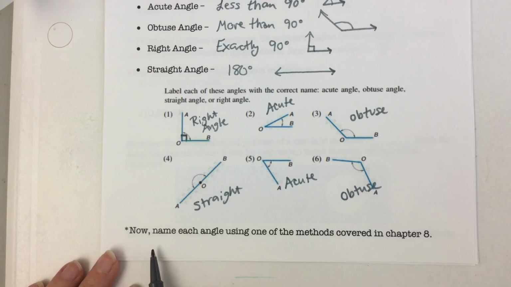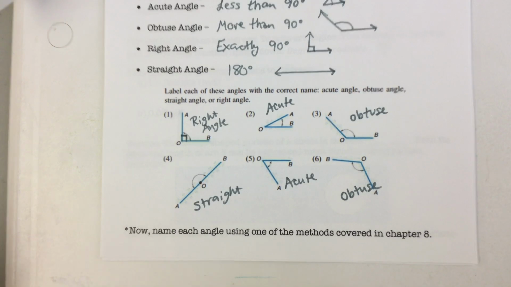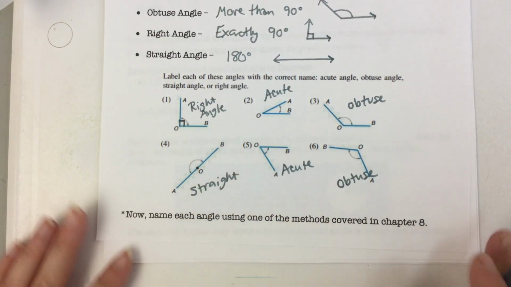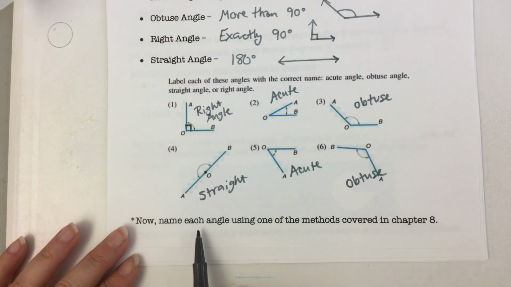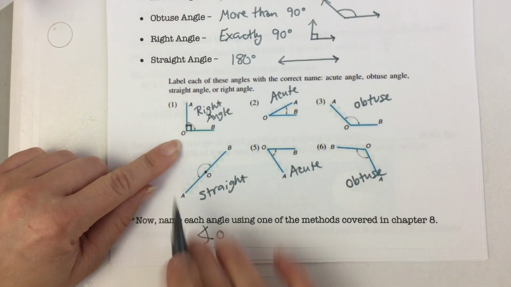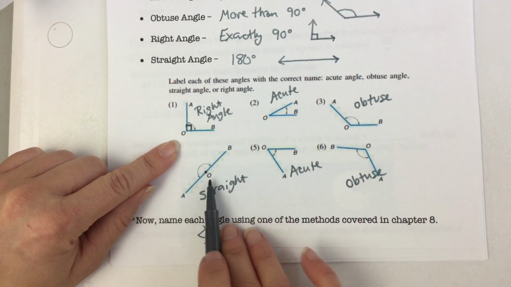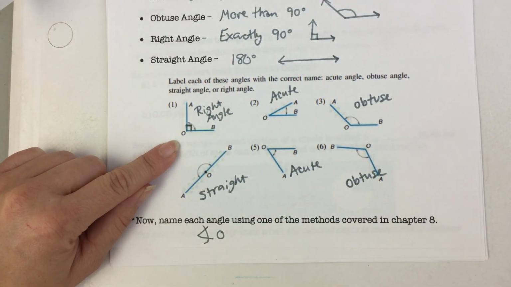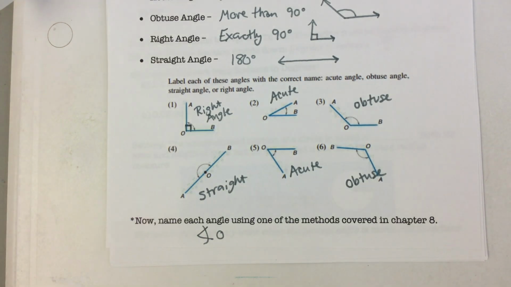Now, one thing is being able to know how they name angles. All of these, you could actually name them the same way. So if I were to name any of these angles, I could say angle O, because O is located at the vertex. So that is one way. Otherwise, you could do 3 letters, but you have to make sure that you go in order and the vertex is in the middle.